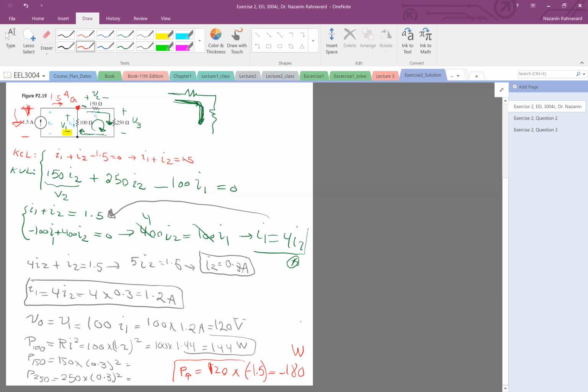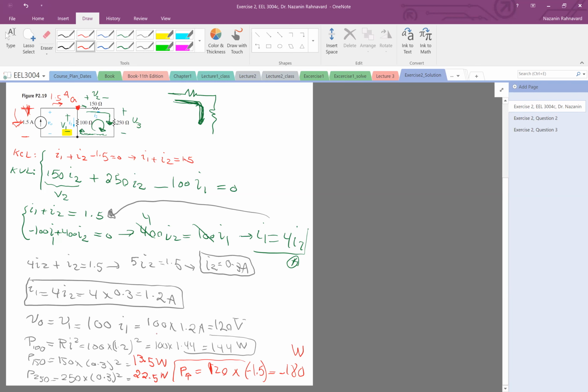And then 0.3 squared times 150 is 13.5 watts. And 0.3 squared times 250 is 22.5 watts.